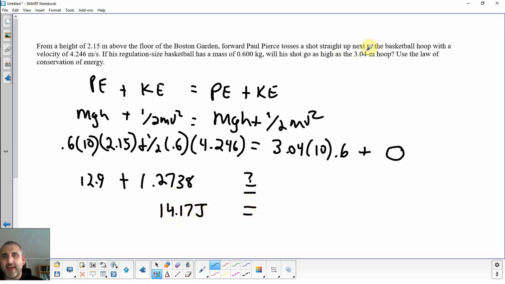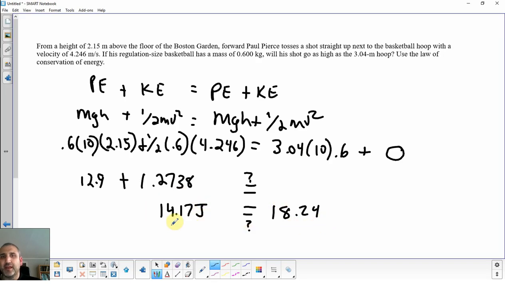If it's going to get that high, it needs at least 14.17 joules. So let's see, 3.04 times 10 times 0.6, that is 18.24 joules. So in order for the ball to get this high, it needs 18.24 joules.